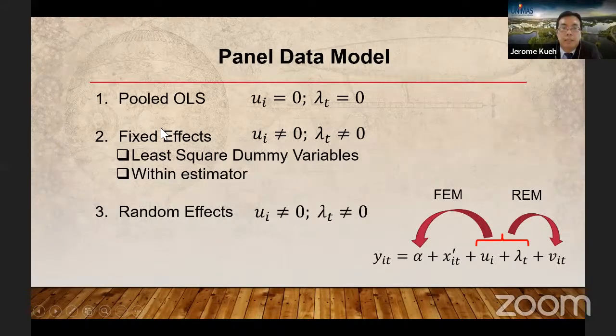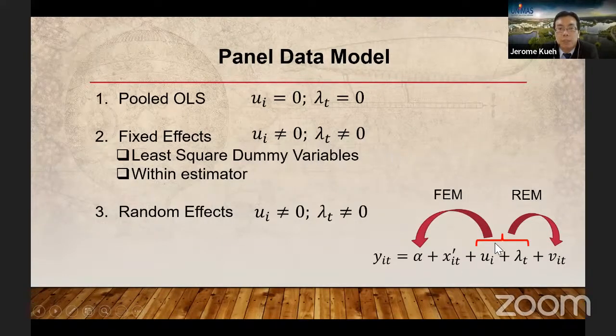So therefore, they come up with the fixed effect models and also the random effect models, where basically they treat this u_i or lambda_t as not equal to 0. It means that there is some effect here, but it cannot be captured under the pooled OLS. That's why they introduce the fixed effect models, where you have these two components, either based on the least squares dummy variables or based on the within estimators transformation. Okay?